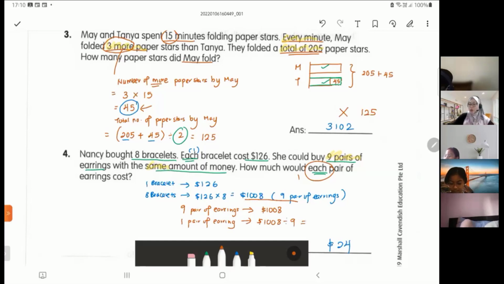All right. And when you divide by 9, you're going to get $112. How to divide? You should be doing your division like this. Cannot use calculator because section B, right? Cannot use calculator. So this is not 24, but the answer is 112. Okay.